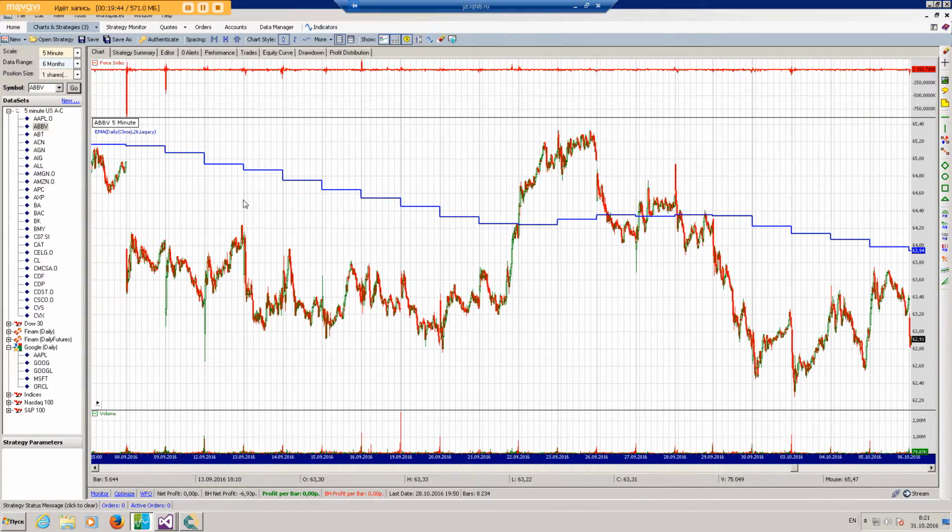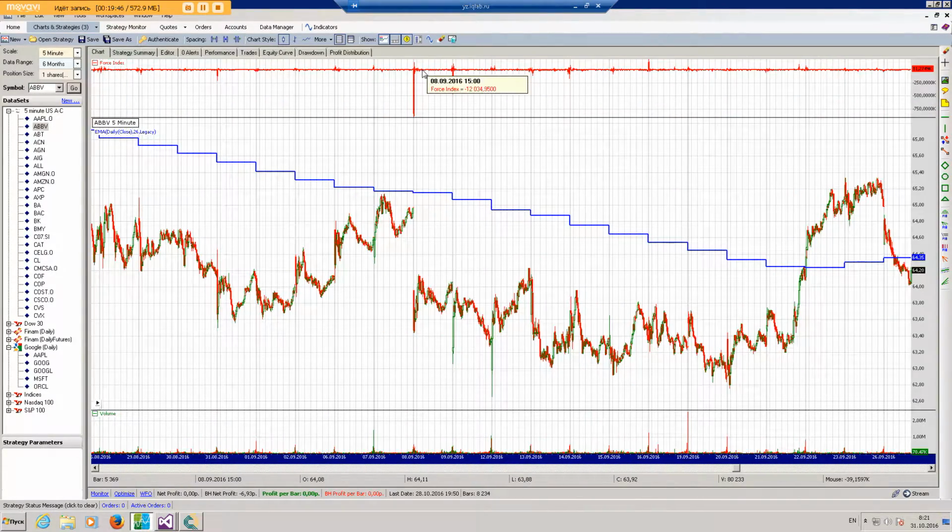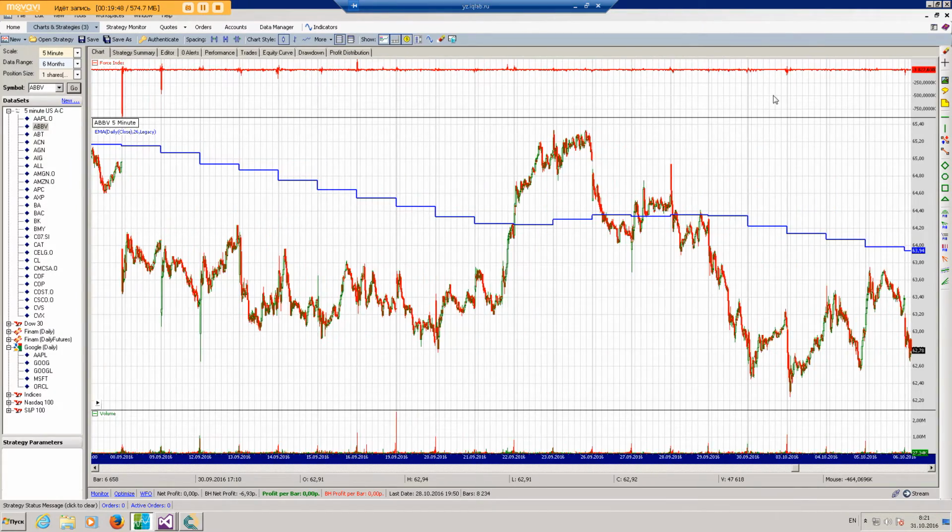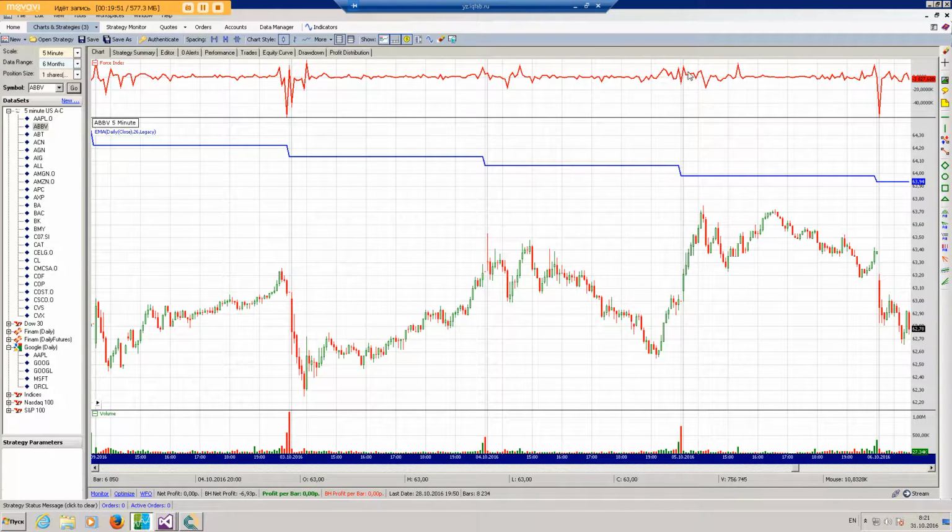Well, this is the force index, but we're going to be working with the 2-period EMA of the force index, right? There it is.